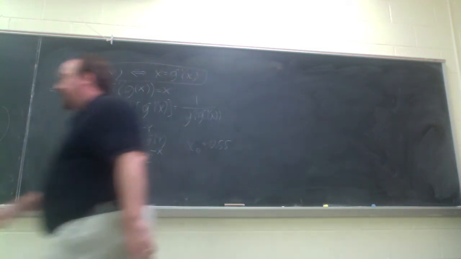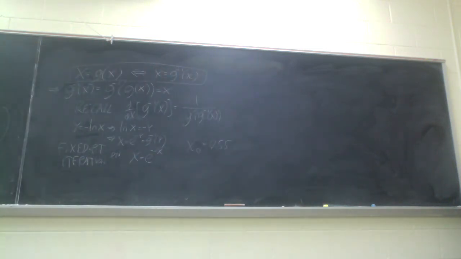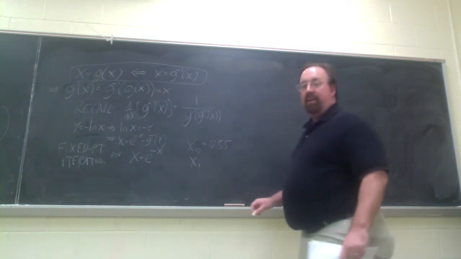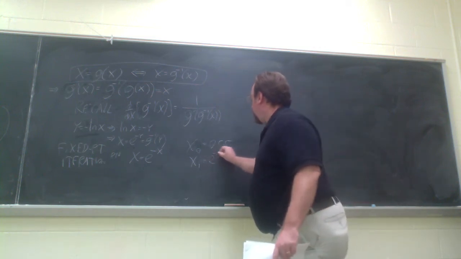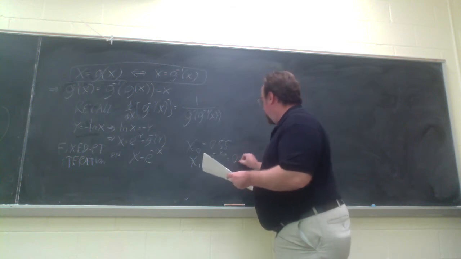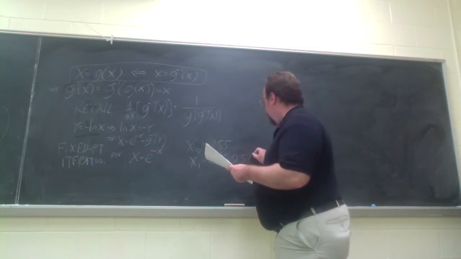So now we can just plug in iterates again and see what happens. x1 is e to the minus x naught, and that turns out to be 0.577.